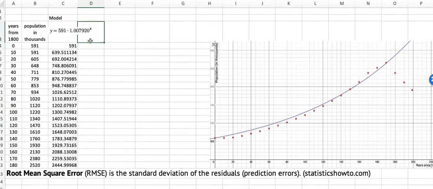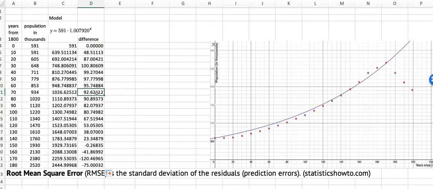Now we're actually going to find the difference between the forecasted values, so what the model is saying it would be, and the actual raw data. The 0 here is because they are indeed the same. I'm going to drag this down, and now you see that some of them are positive and some of them are negative.